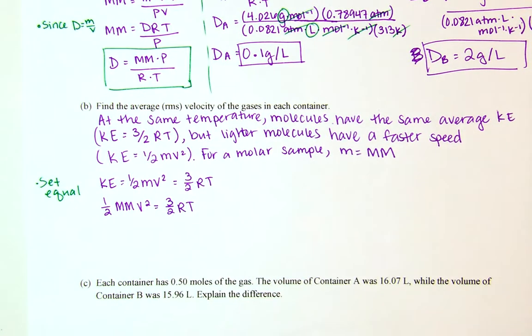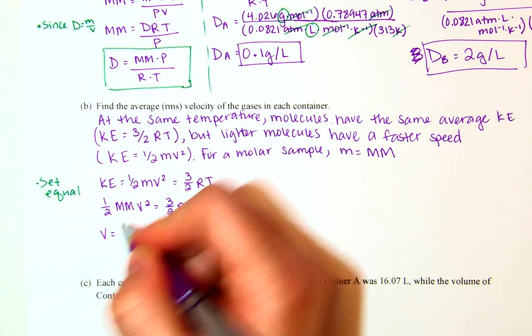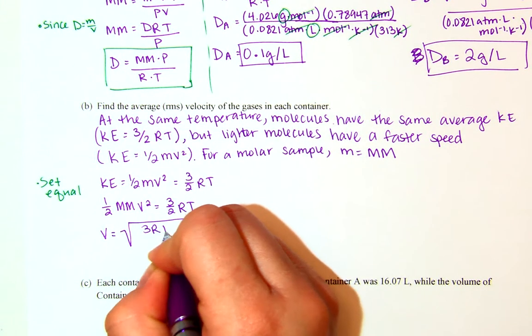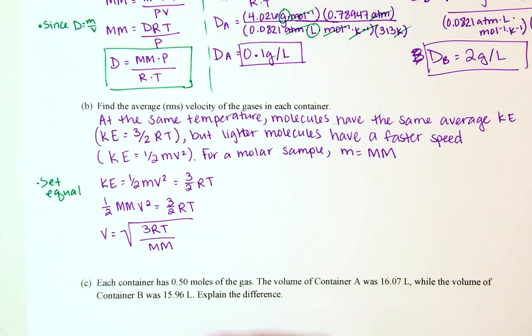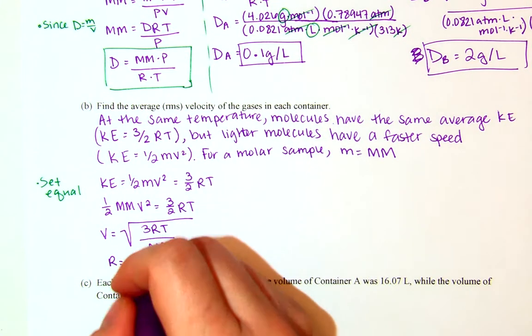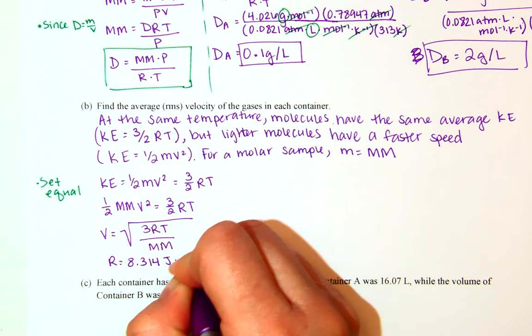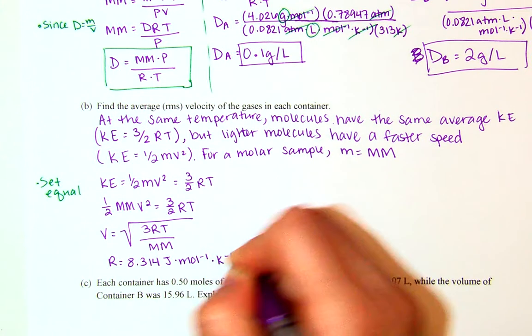And then rearranging all of this, V is going to be equal to the square root of 3 RT over molar mass. And for here, we're going to define our R as 8.314 joules times inverse moles times inverse kelvins.